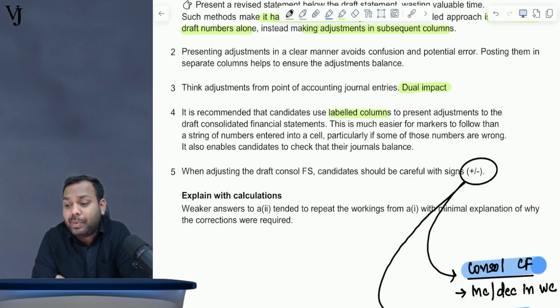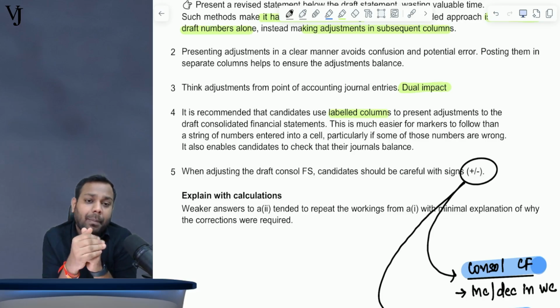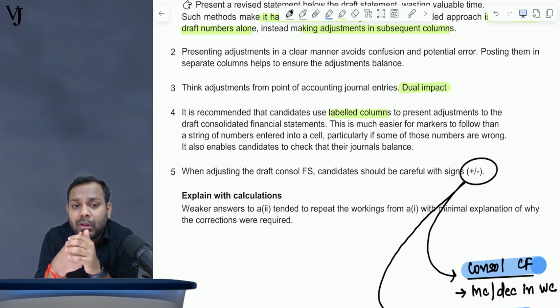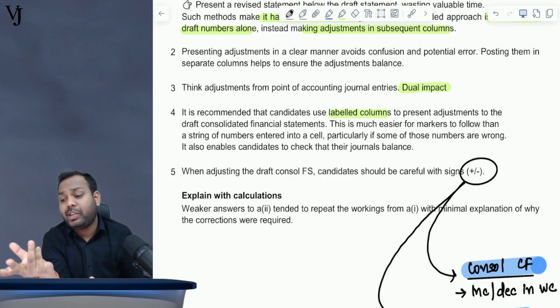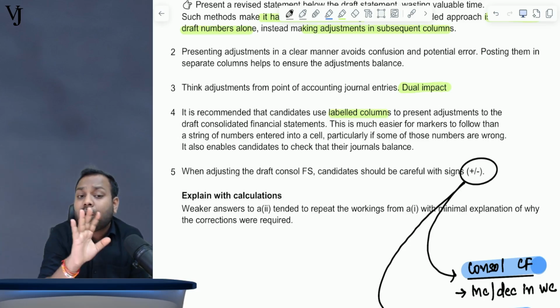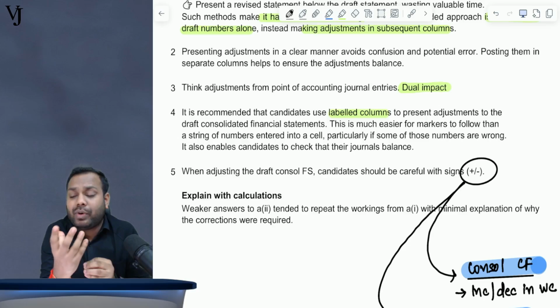Definitely the calculation part we do fine. But in the explanation, what do we do? Many students repeat their workings in the explanation. No, you are not required to repeat your workings. You are required to explain your workings.